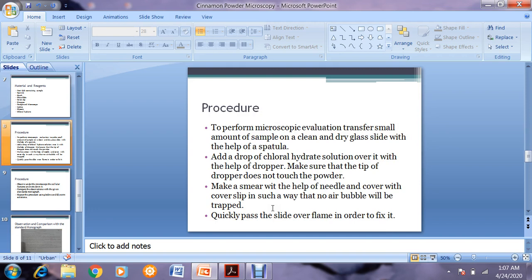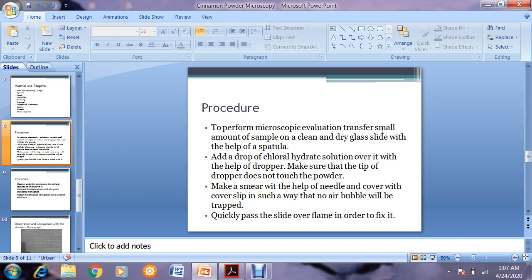And now the procedure of the powder microscopy. It contains the following steps. To perform microscopic evaluation, transfer a small amount of sample on a clean and dry glass slide with the help of a spatula. You have to remember the quantity of the sample must be small.